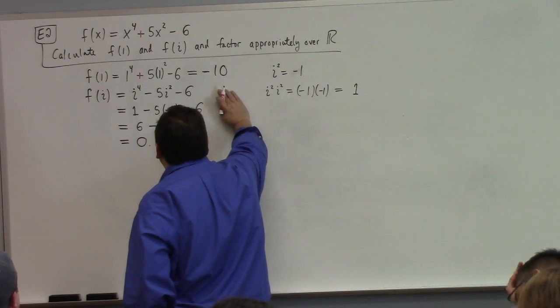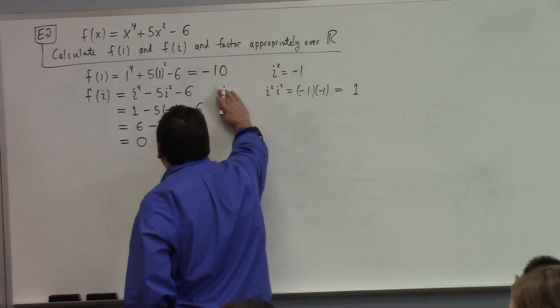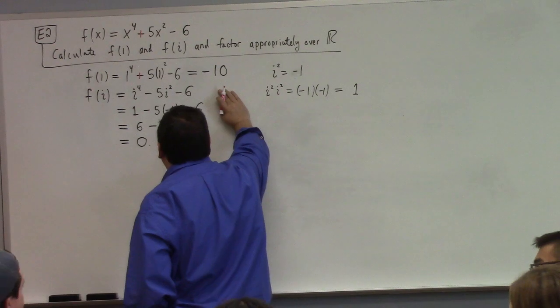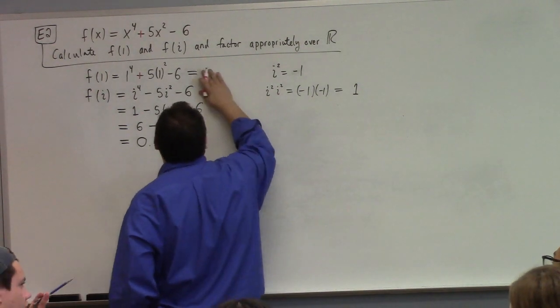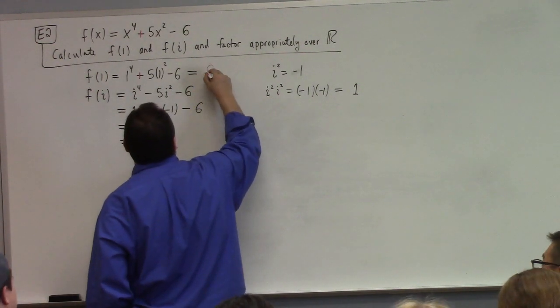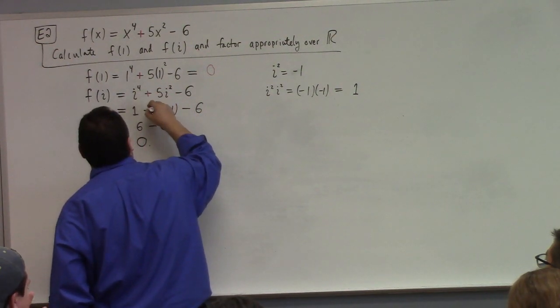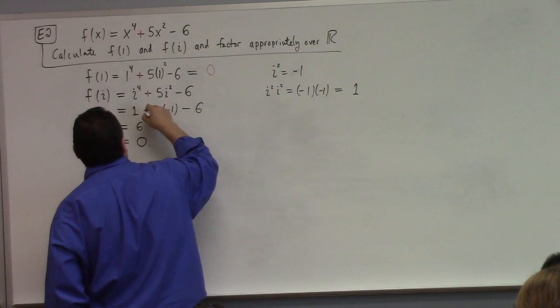Because if this is negative, then it would be 1 plus 5 times the negative square, which would be negative 6, and negative 6 minus 6 is 0. So what's wrong? There's nothing wrong with it. It's just not what I wanted. It became too easy.